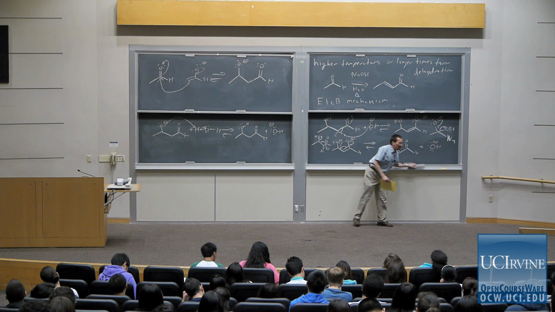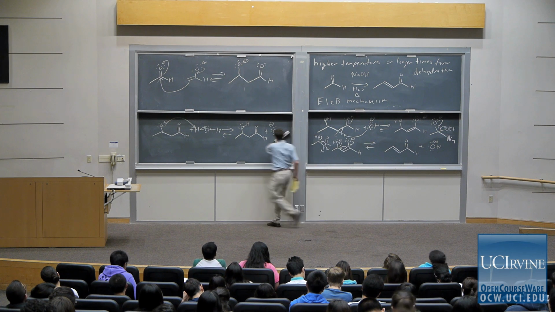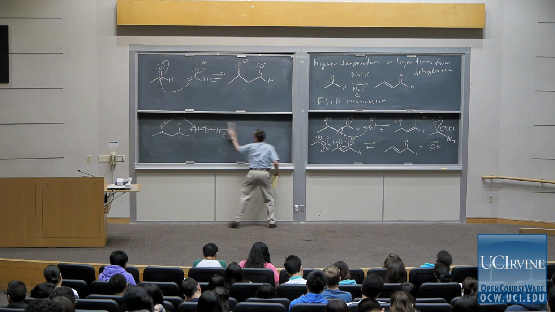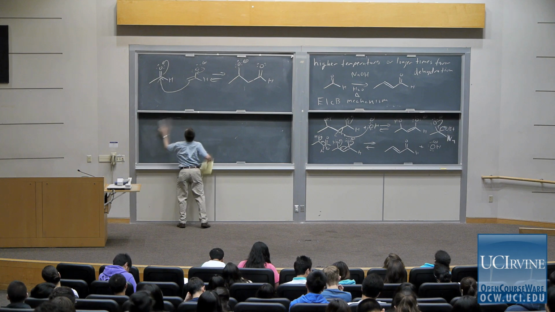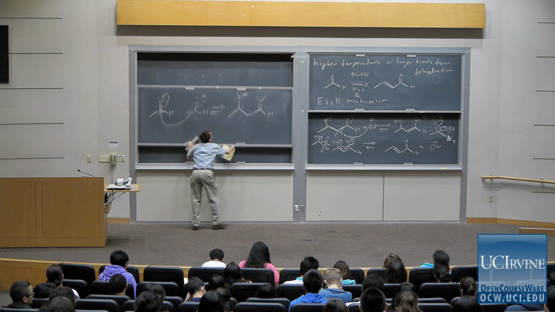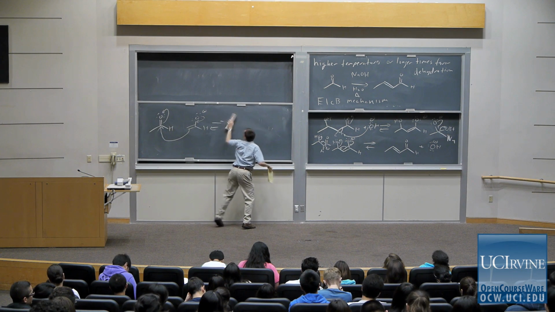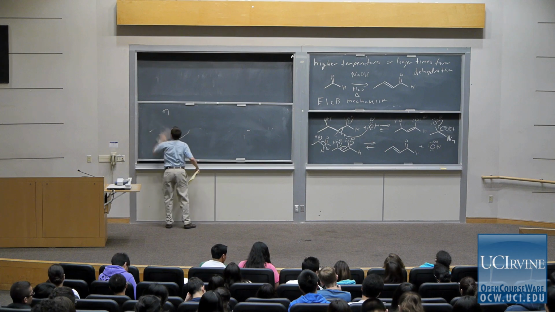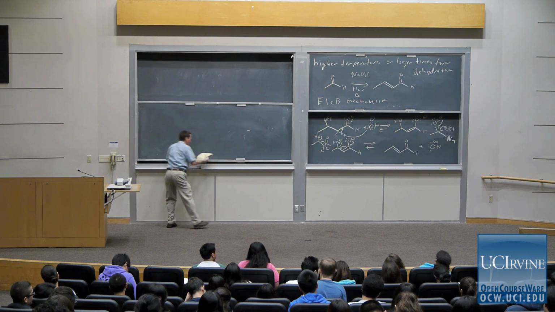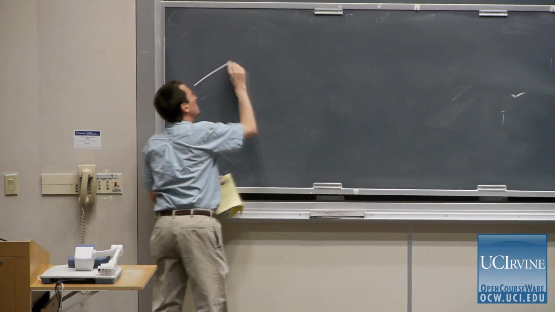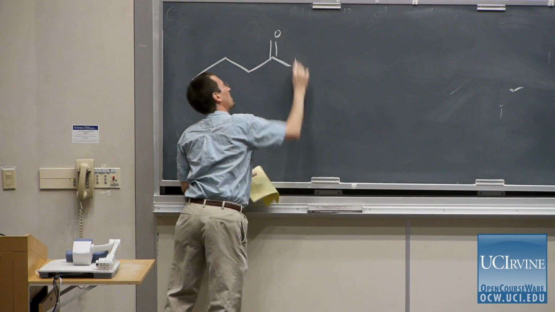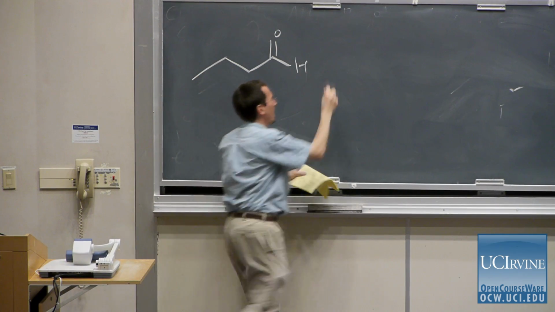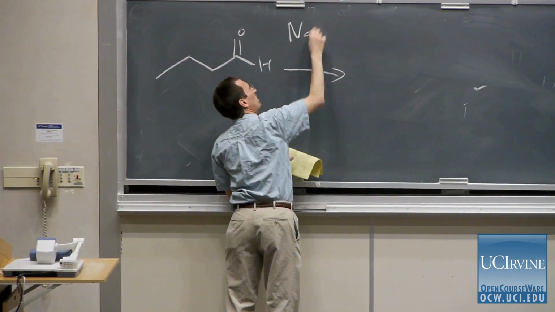All right, let me give another example. So I was playing with acetaldehyde there in that example. And all sorts of other aldehydes work. So I'll just take a specific example. This may have been from your textbook. It just shows you the sort of conditions.